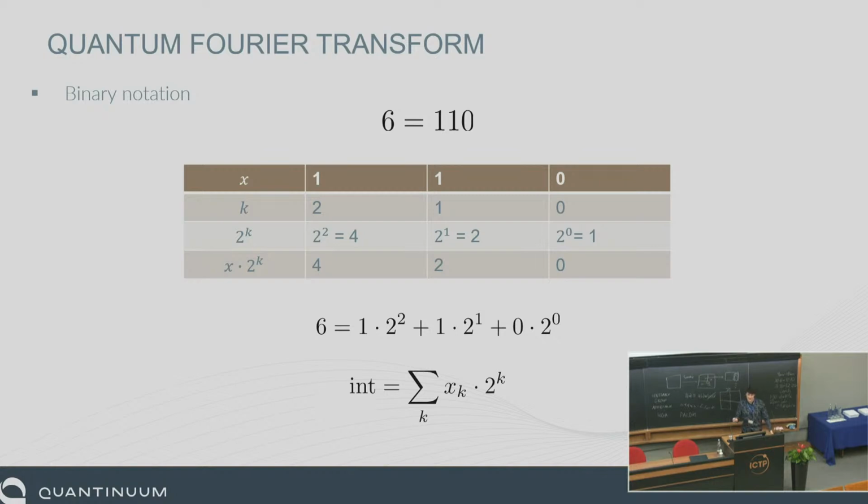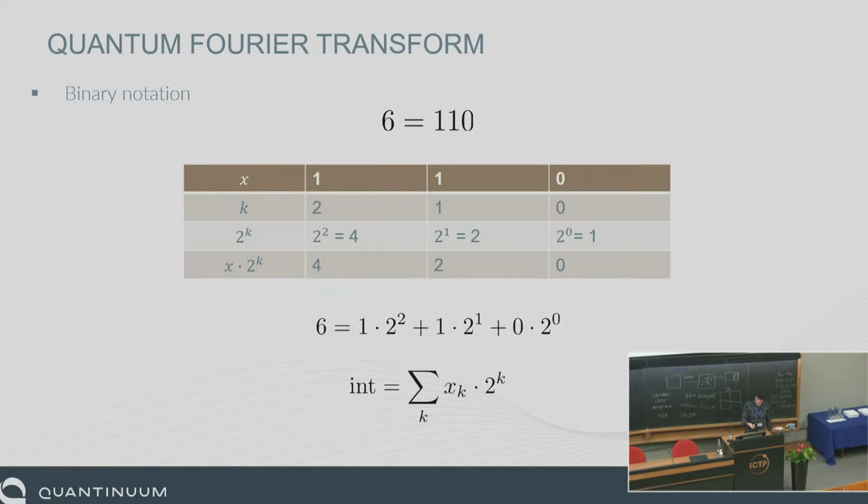In typical binary notation, x represents the value in binary, k is the position, and 2 to the k is the value of the bit. So this is position 2, bit value 4, position 1, bit value 2, and so on.